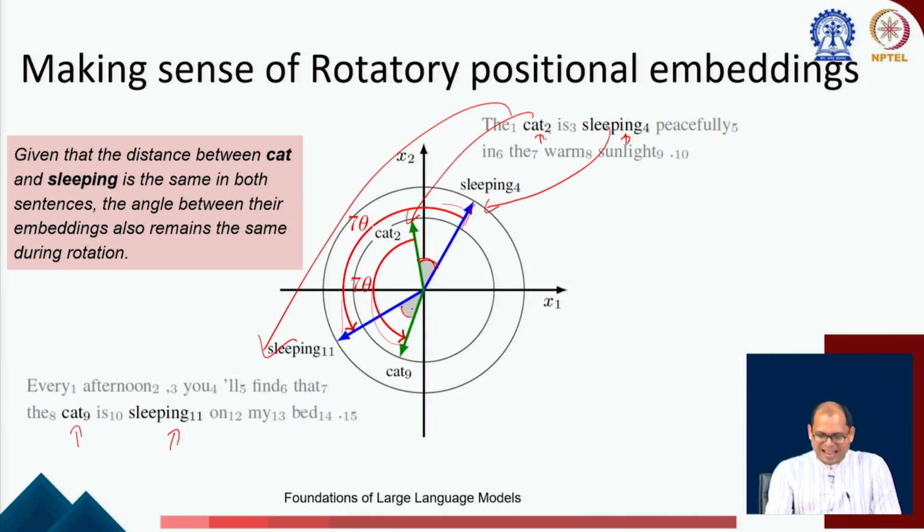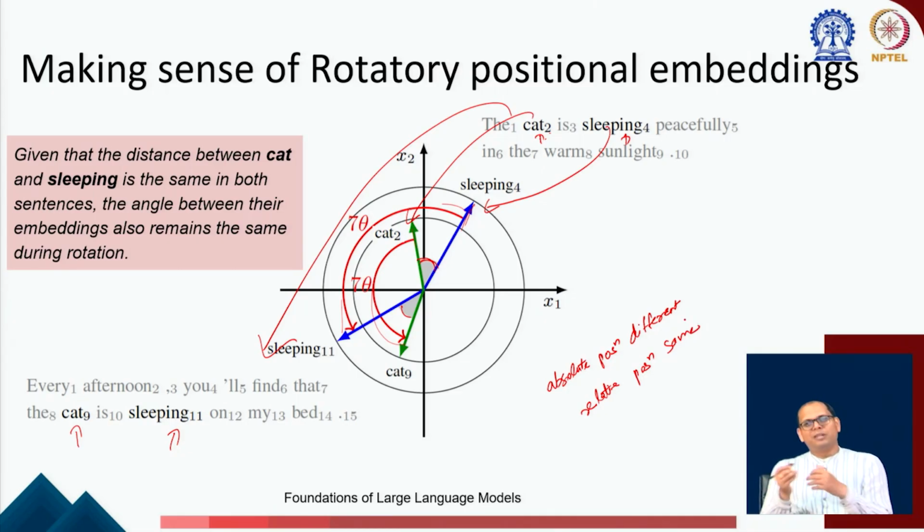So, the inherent angle between cat and sleeping will remain the same, even if the absolute positions are different, but the relative positions are the same. In that case, the similarity between the embeddings, that means the angle between the embeddings, remains constant even if you move the absolute position, and that is what the rotational embeddings are able to capture, right.